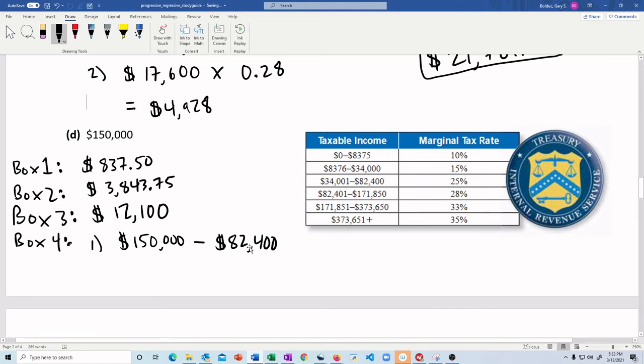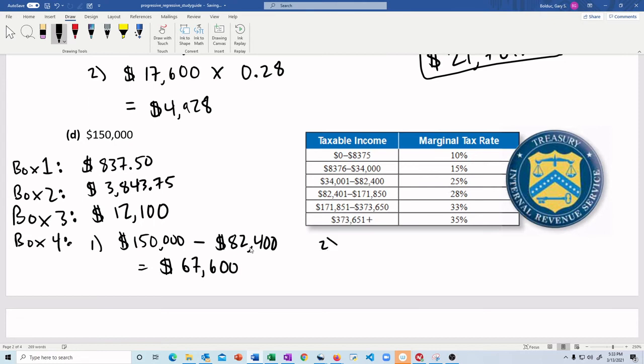So then I just have to figure out what's left of my money. So I take $150,000 minus $82,400, and this ends up being $67,600. This is the amount of money I have that is going to be taxed in box 4.